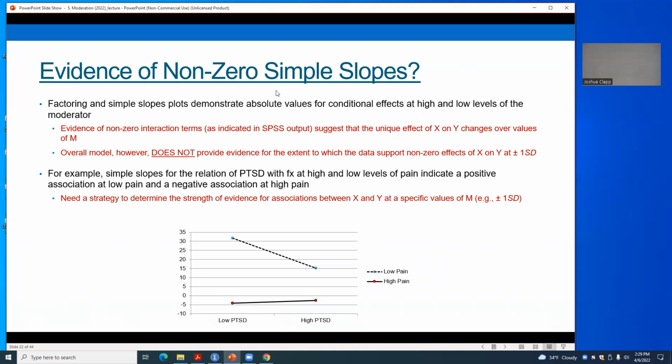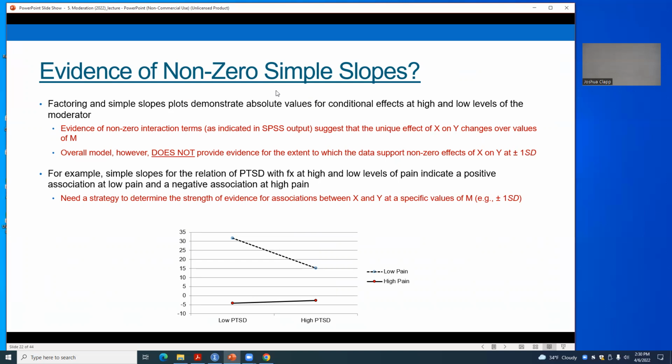That looks like it's probably an association, but I don't know how big that is, or what the p-value is for that conditional effect at low levels of pain. Also, I could see a reviewer say, oh, well, it looks like you actually have evidence for a positive association between PTSD and functioning at high levels of pain, because that's a positive slope, okay?